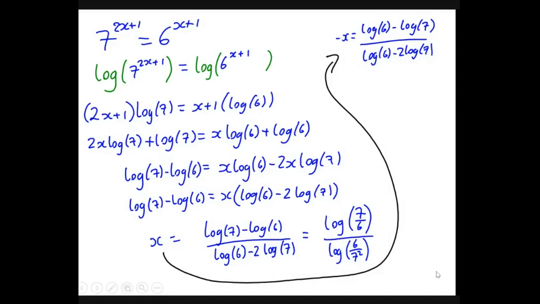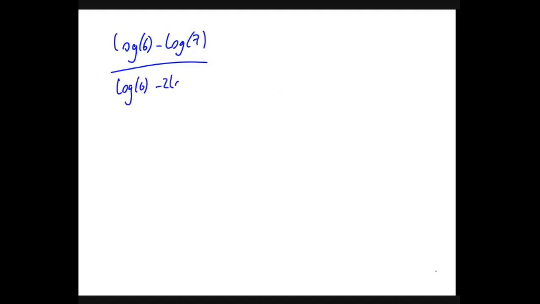What you could do, which is really weird, I need to hold that expression in my head: log 6 minus log 7 over log 6 minus 2 log 7. What you could do is this. It's going to be very weird.